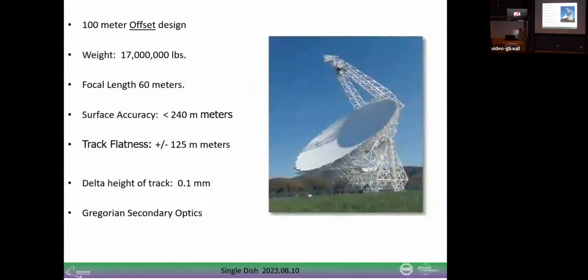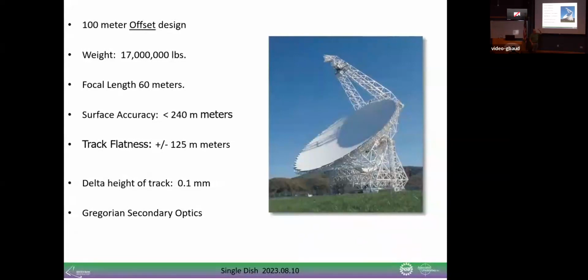So just so you know, we're all familiar with the GBT now. As I've said before, the weight is 17 million pounds. The focal length of the parent parabola is 60 meters, so the feed arm is 60 meters. One of the design considerations for optimizing aperture efficiency over system temperature, and we considered this in early days, is the location of the feed arm.